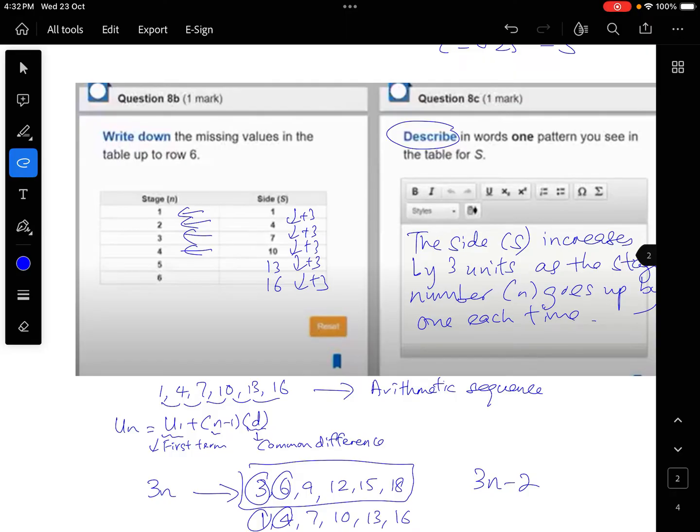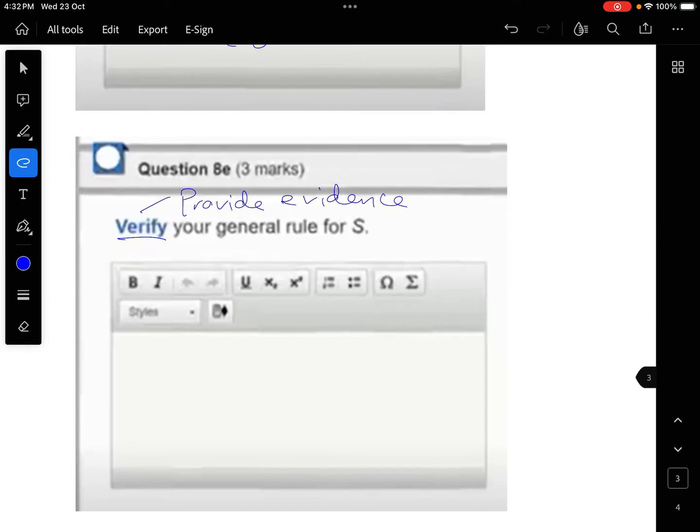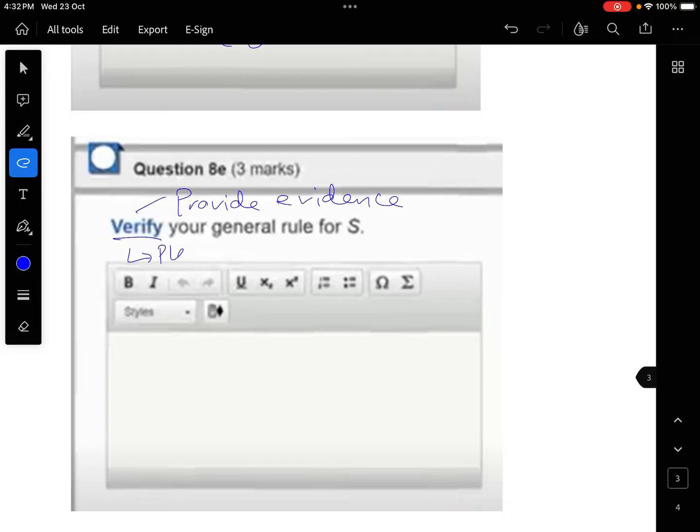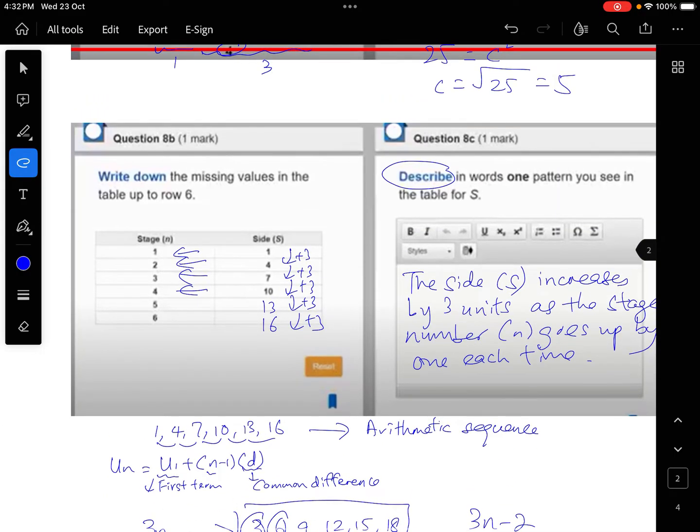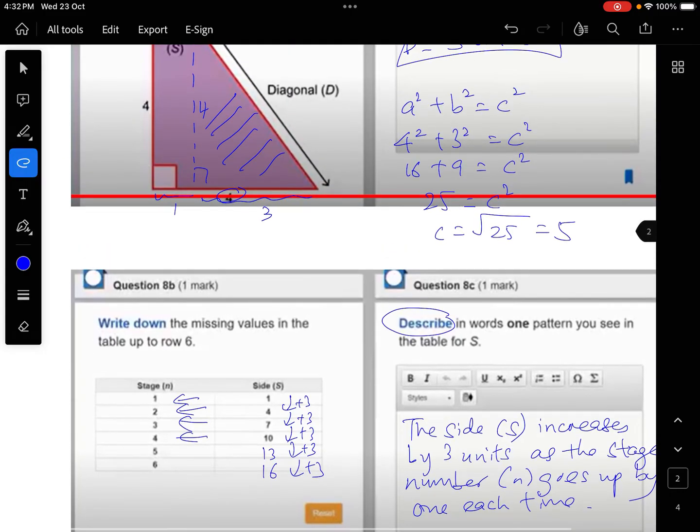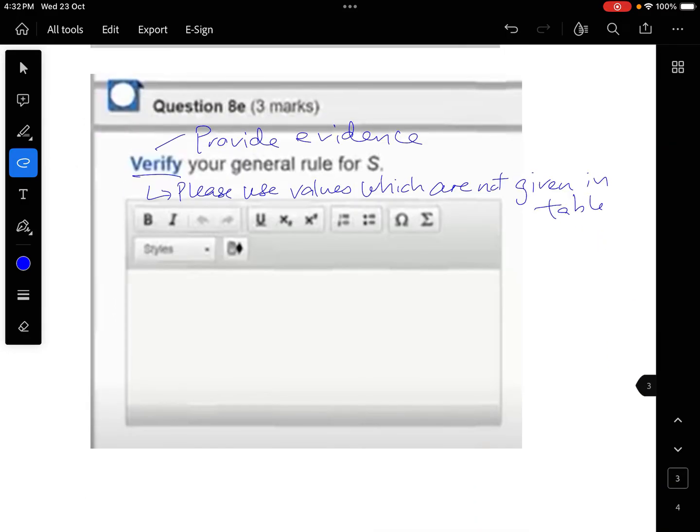So I'm going to use stage 5. When it comes to verification, please use values which are not given to you in the table. It makes absolutely no sense for anyone to do stage 100, because I'll show you why in a bit. Technically you could find out what the side length is for stage 100, but it will not make any sense, because verification also means that besides providing evidence, you will need to show two ways that the general rule actually works.